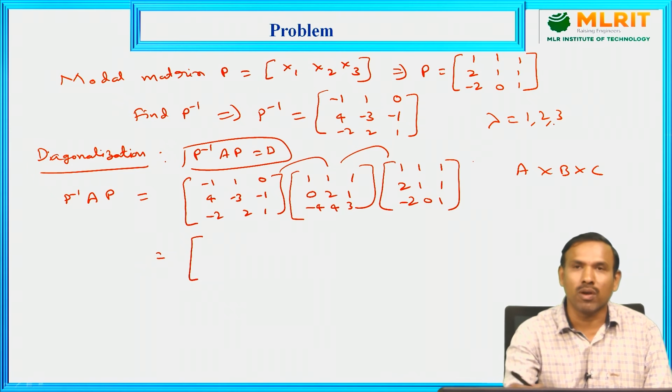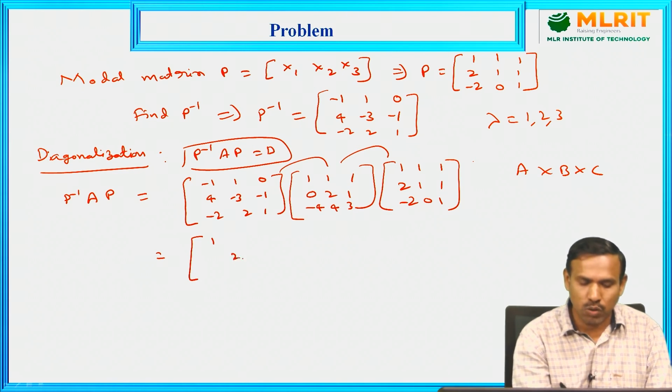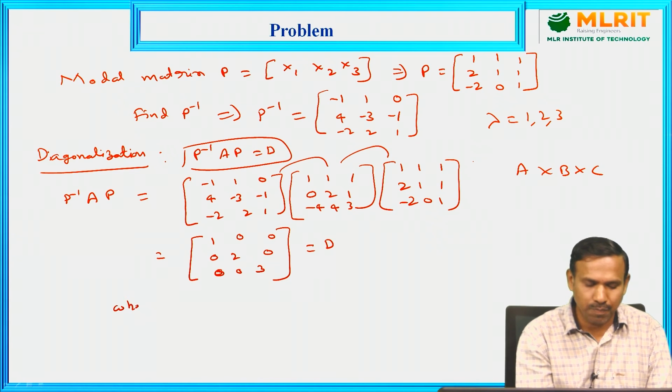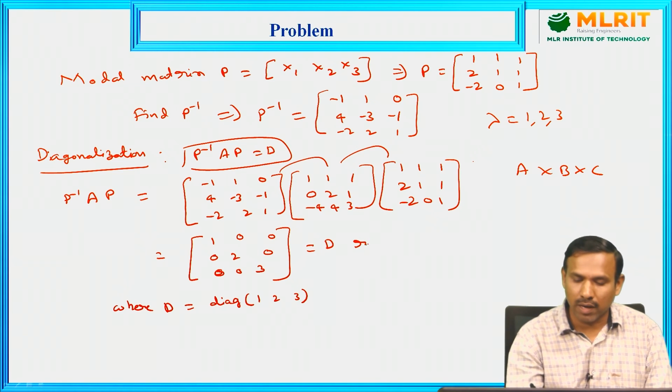These three values come on the diagonal, and the other elements are definitely 0. So D is the diagonal matrix with diagonal elements 1, 2, 3, which is the required diagonal matrix.